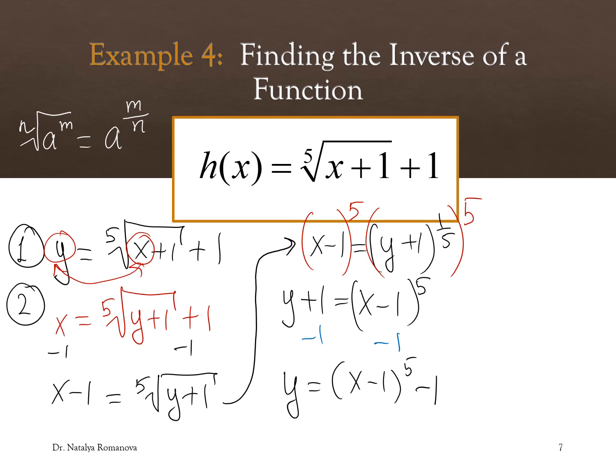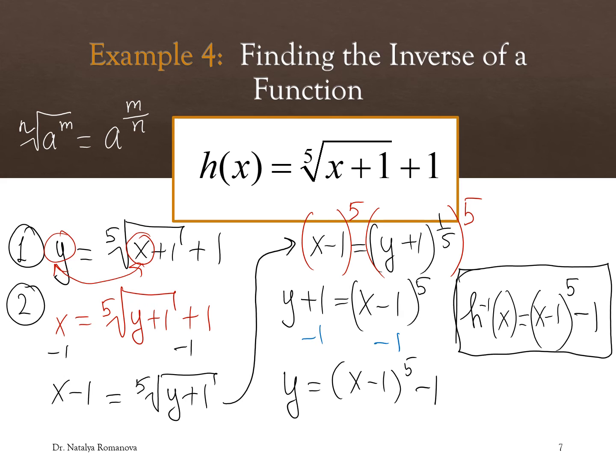Now last step, we replace y with h inverse of x. According to inverse function notation, h inverse of x equals (x minus 1) to the fifth minus 1. It is our answer for example 4.